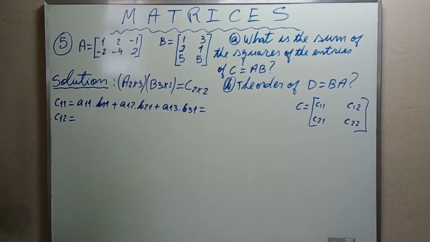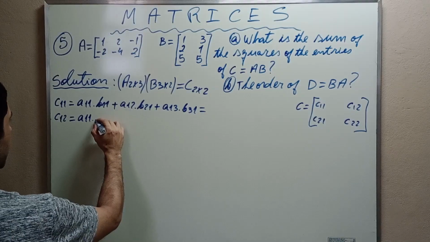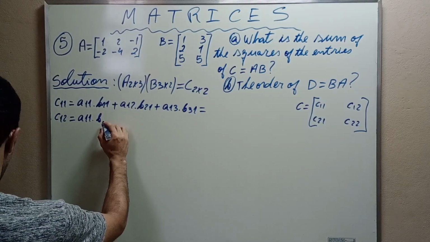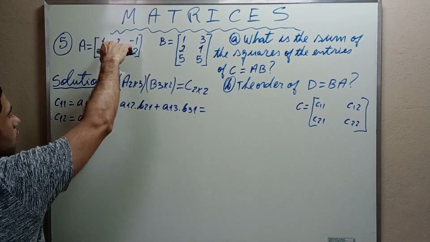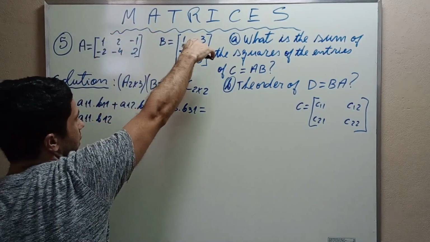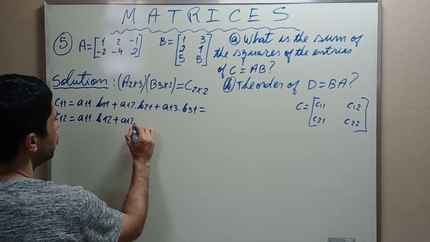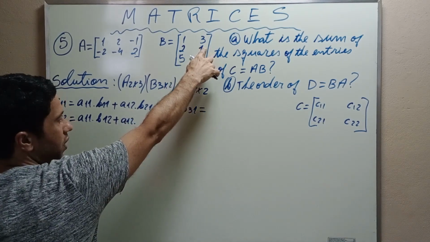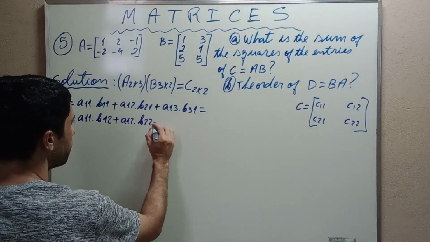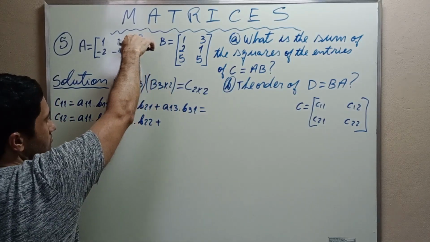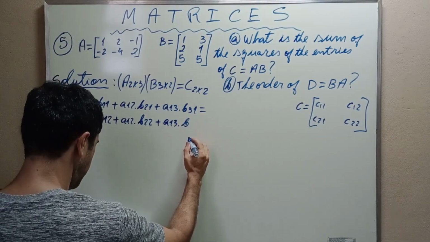Then it is going to be A11 times B12 plus A12 times this B22, A13 times B32.